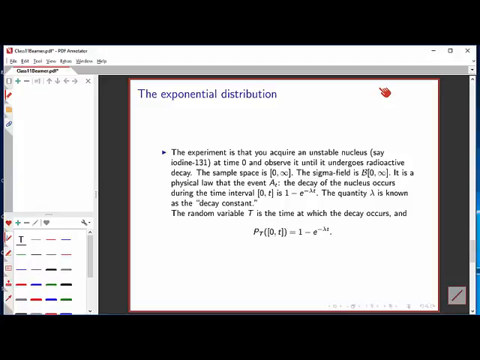The sample space is specified by the possible decay times, so it's the interval from 0 to infinity, and the sigma field is the Borel sets among the non-negative real numbers. That is the intersection of the Borel sigma field with the interval from 0 to infinity. Now in this case, the probability distribution is given by physical law.